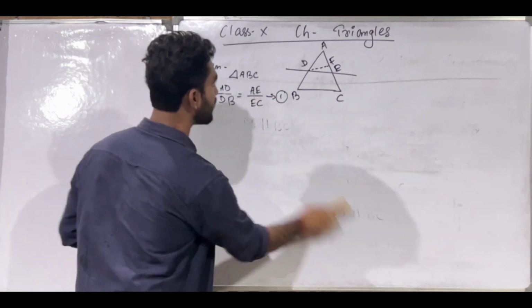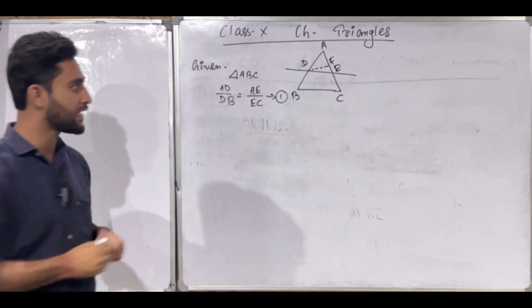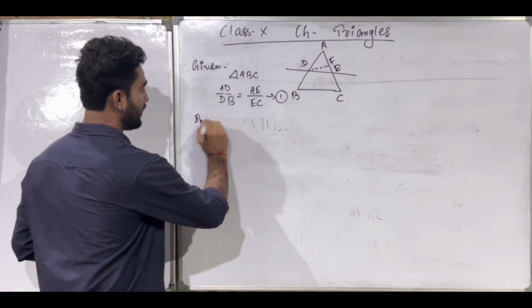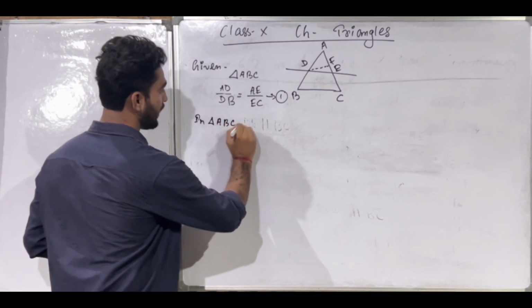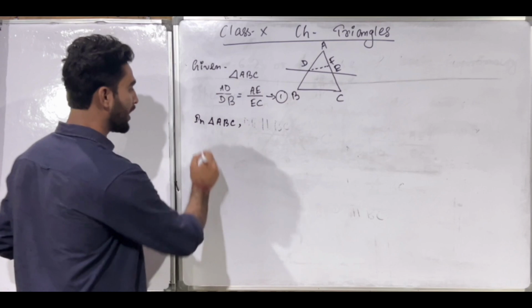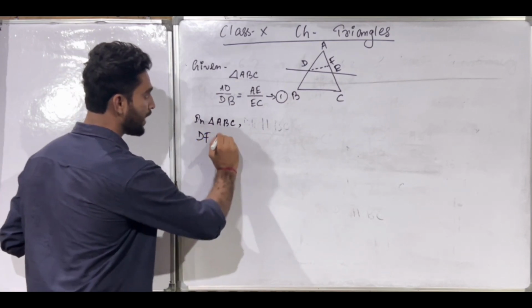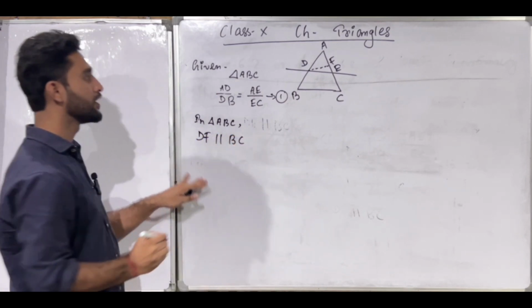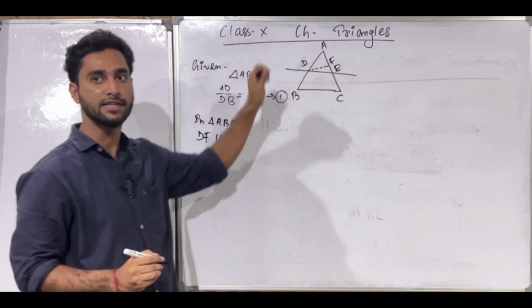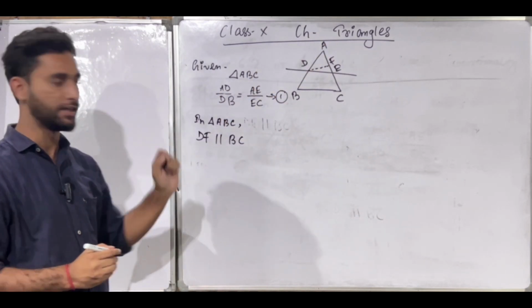Now in triangle ABC, we considered that DF is parallel to BC. If in a triangle a parallel line is given, we can apply the BPT.